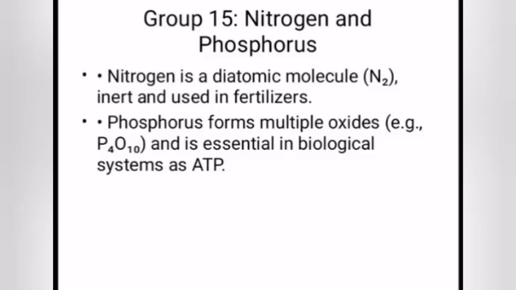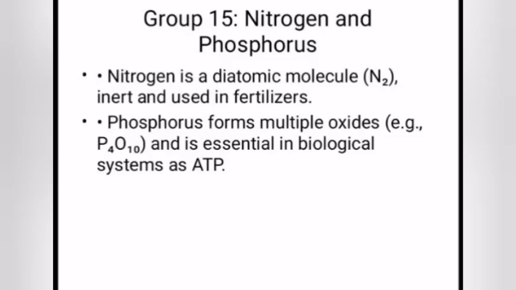They aid plant growth. So nitrogen is typically used for fertilizer production, and it is one of the gases, liquid nitrogen, that is used as a coolant because it can be very, very cold.